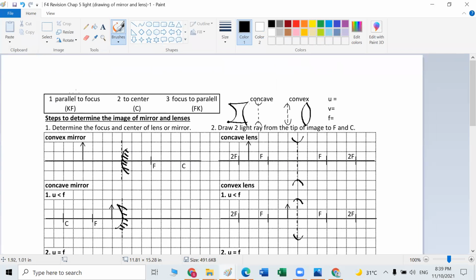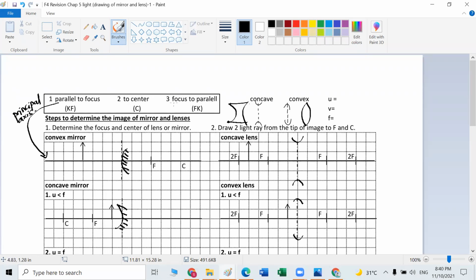Actually, there are three ray diagrams. Means first is parallel to the principal axis. Next, if the light passes through the center, then it will go through the center or go back from the center.